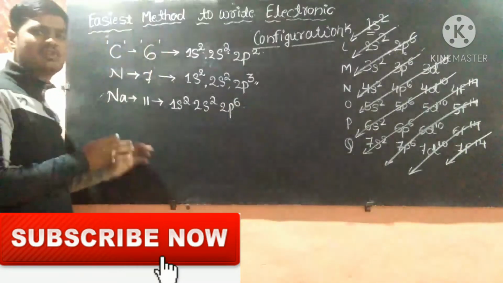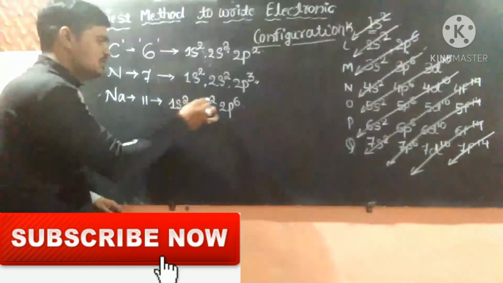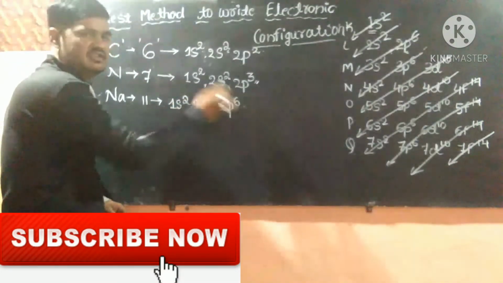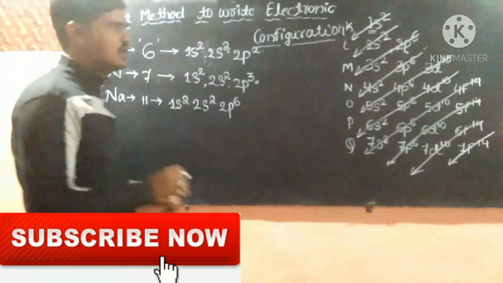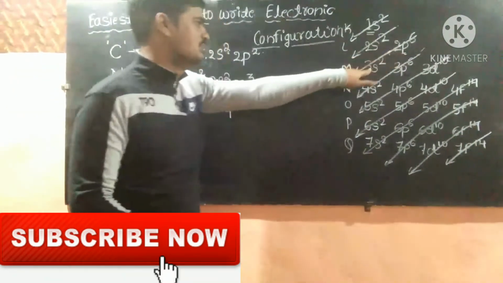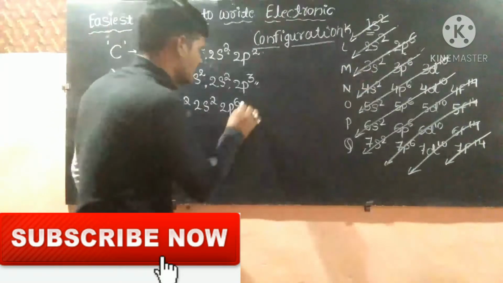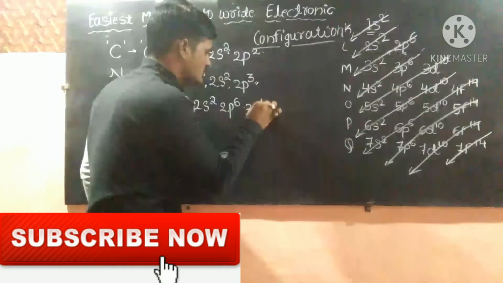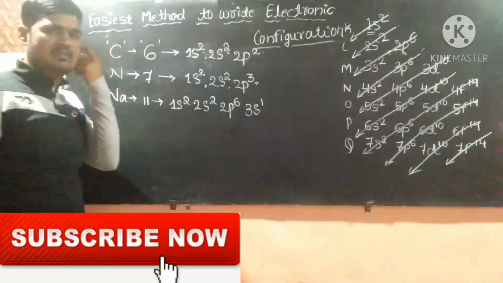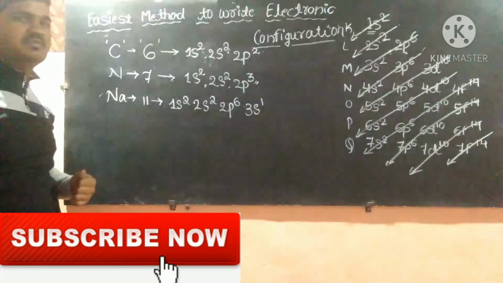Now first we count the electrons taken: 2 plus 2 is 4, 4 plus 6 is 10. Only one electron remains, and that electron should be taken from 3s1. So this is the electronic configuration of sodium.